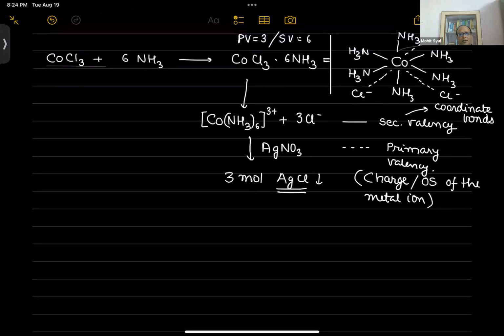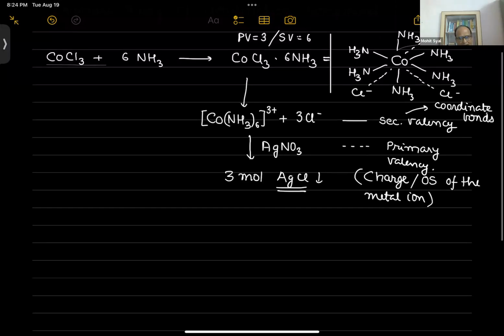So by measuring the mass of AgCl, by knowing its weight, he measured how many moles of AgCl were found. And he came to know that there are 3 Cl minus which are getting ionized from the 3 moles of AgCl formed upon addition of AgNO3.